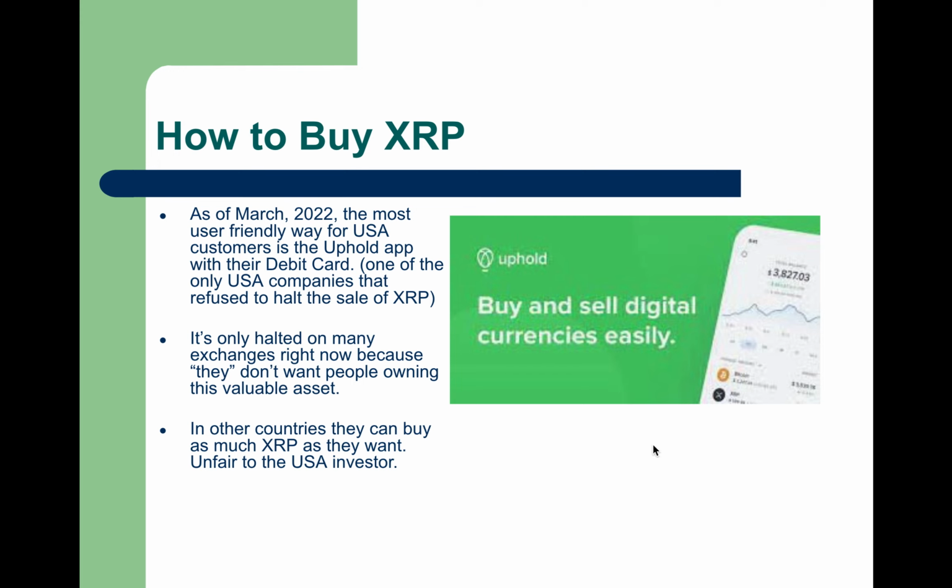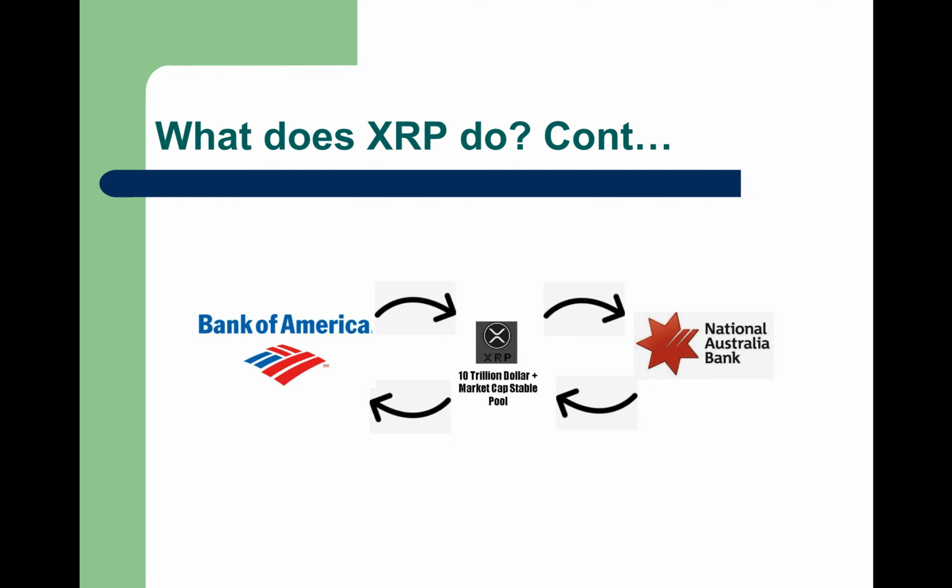So you can buy it with your debit card. It's easy. There's a very cool CEO there, and he said, "I don't care. I'm not going to halt the sale of XRP." But the thing is, they don't want you owning this stuff because it's going to be very valuable. When it's a $10 trillion market cap, it's what it's designed for. It's a 77-cent XRP right now. You're looking at a $20 XRP, at least.